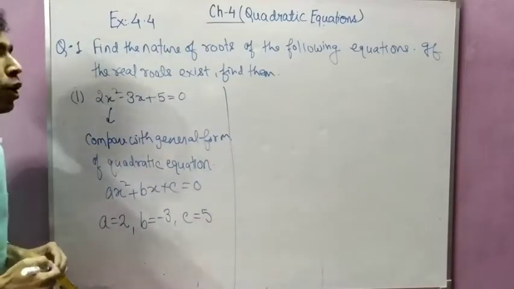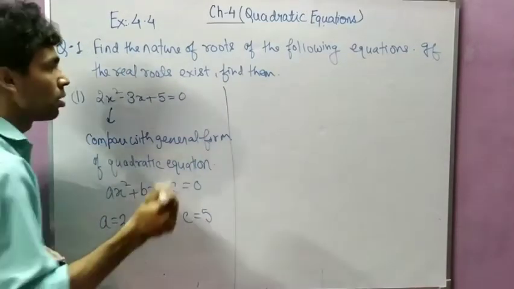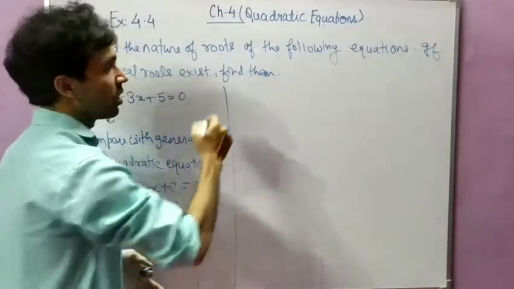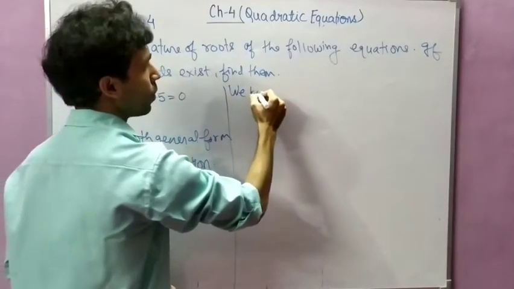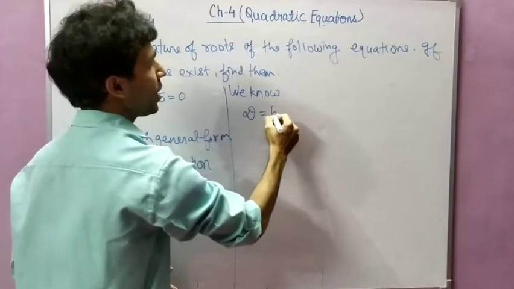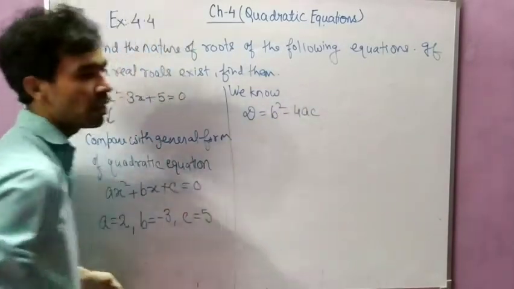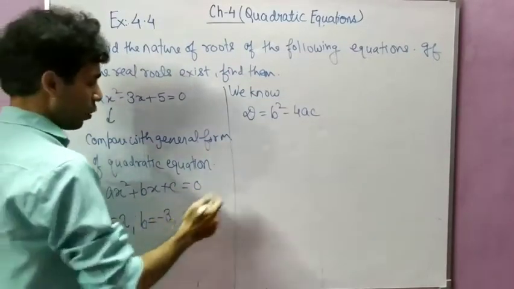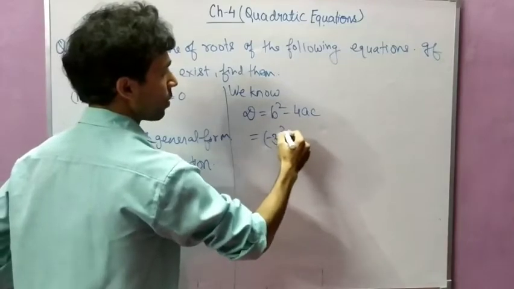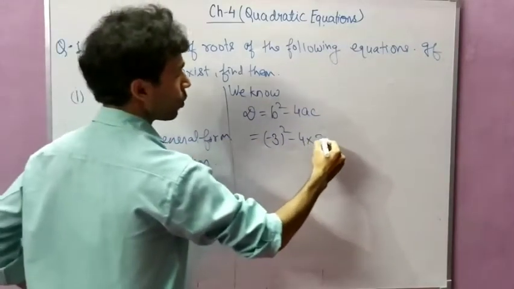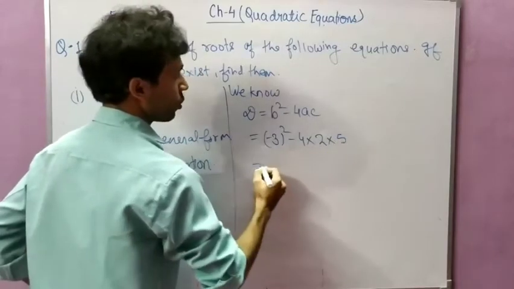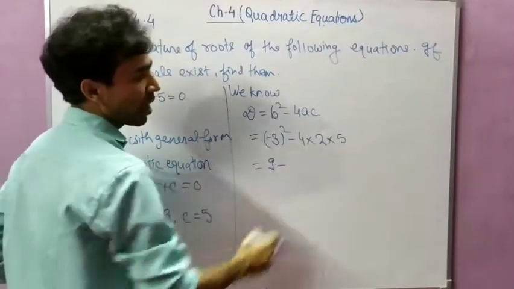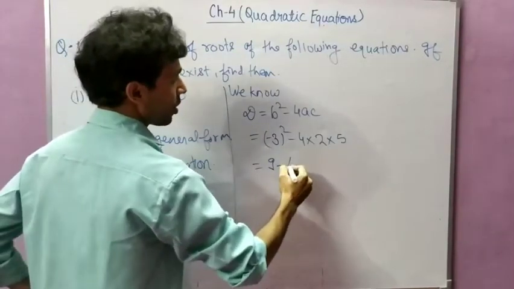Now, because we first have to identify the nature of roots, which can be calculated with the help of the discriminant, we will find D. We know D equal to b square minus 4ac. Putting the values of a, b and c: minus 3 square, that is 9, minus 4 into 2 into 5, 8 fives are 40.